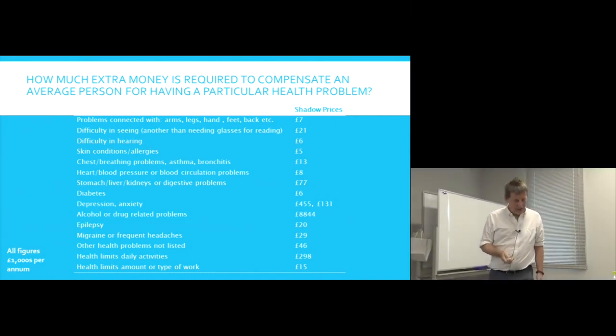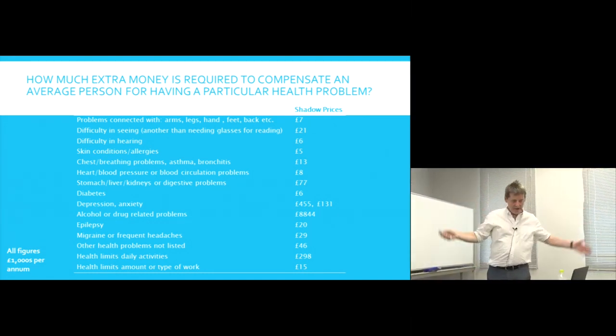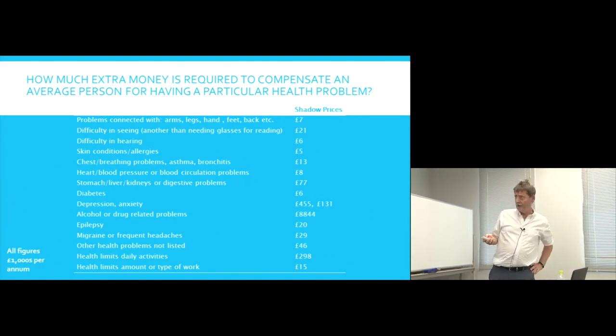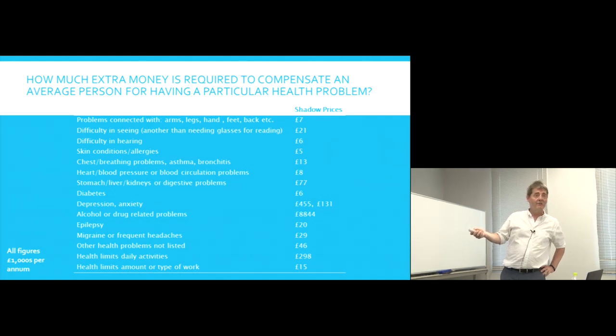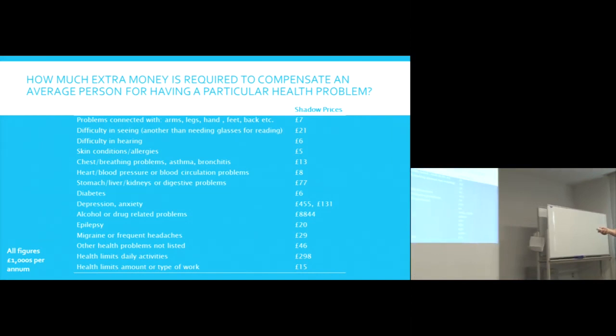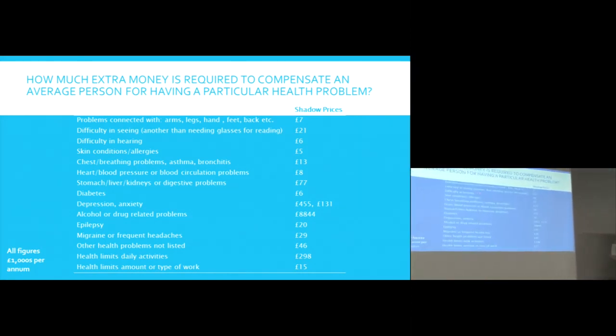So this is implying that, given the people they sampled, the average person would need £6,000 a year to compensate them for difficulty in hearing, as opposed to no difficulty. Or diabetes, indeed 6,000 again.